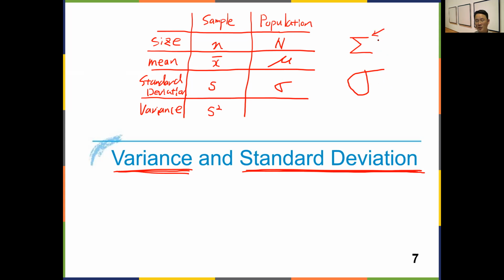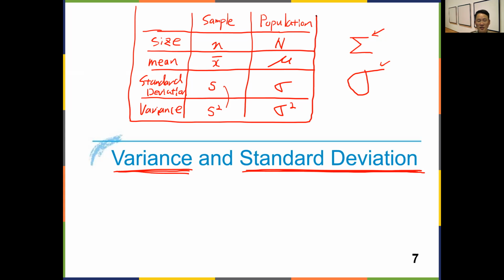This is the uppercase letter, and this is the lowercase letter for sigma, and this is the symbol for population standard deviation. Now, can we guess what the population variance symbol is going to be? Looking at these two, we guessed it right: sigma squared.